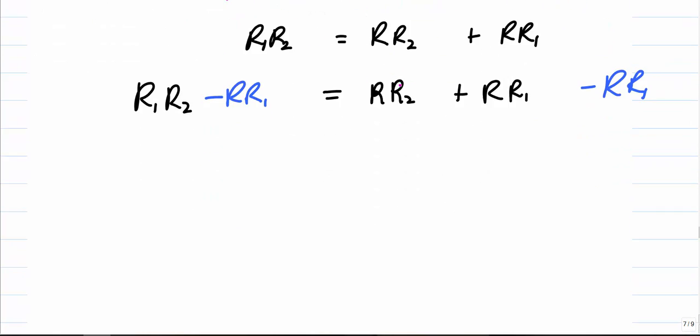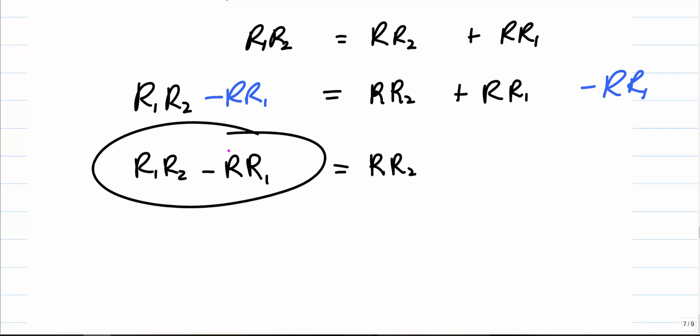And so if I subtract those from both sides, I'm left with R1 R2 minus R R1 equals R R2. Now remember, my goal is to get R1 by itself.